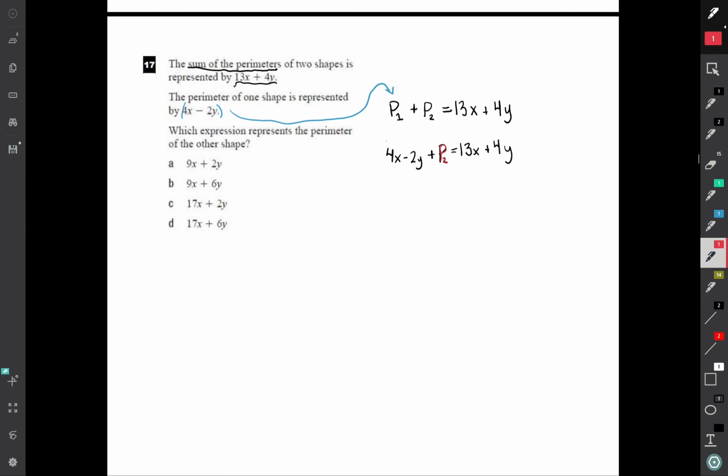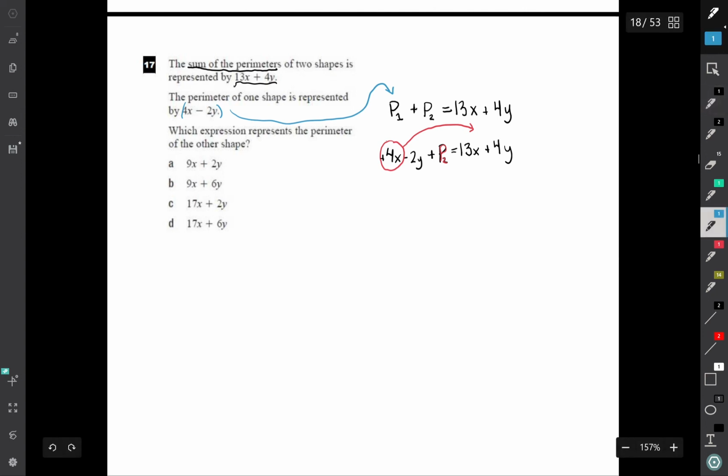You will remember that when a term passes over the equal sign, the operation associated with it has to reverse, or be the inverse operation. So this 4x, even though there's no plus sign in front of it, is positive 4x, so when we move it over, it becomes negative 4x.